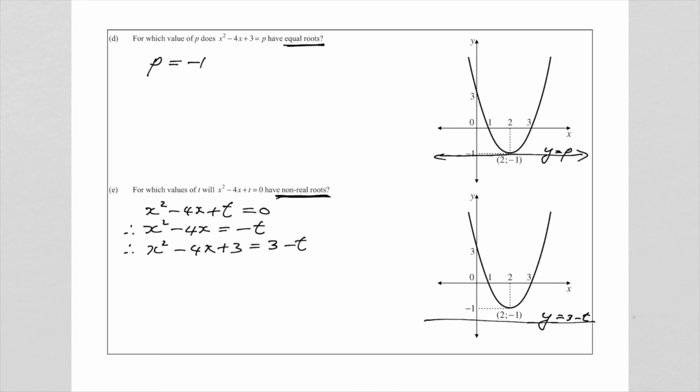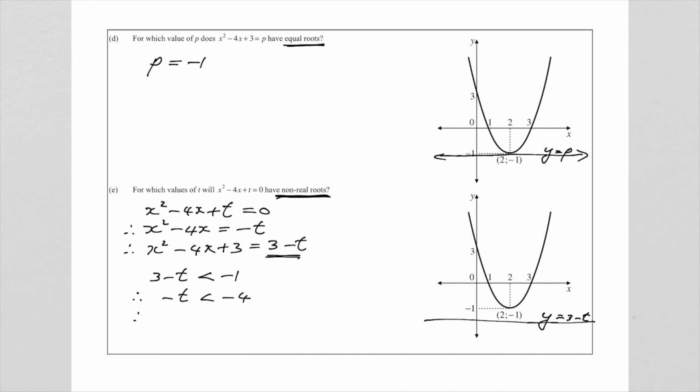So how do we write it down? We're going to say that 3 minus t, that is now that right-hand side that you can see, must be less than -1. And now it's just manipulation. So minus t is less than -4 if we move the 3.